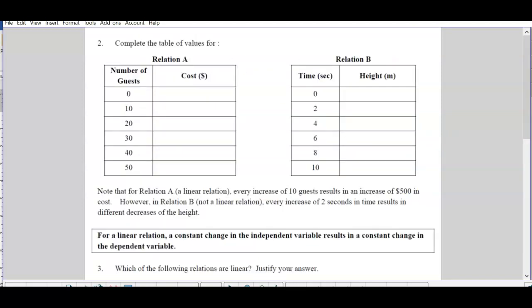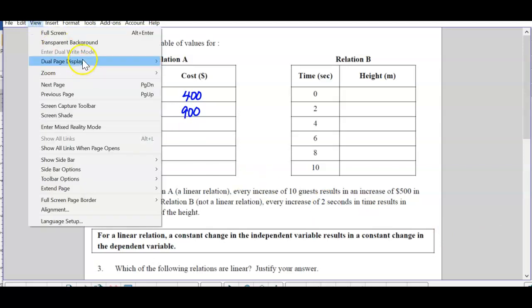Let's take a look at a table of values. Number of guests here for relation A. When you look at it, the number of guests is 0 and the cost is 400. That's basically the ordered pair. Then for 10 guests, it was 900. So we're just copying out. I can show this on two screens here. Give me a sec.